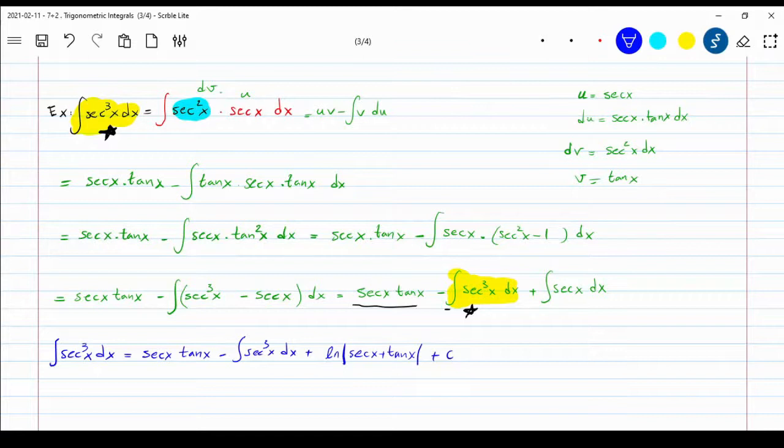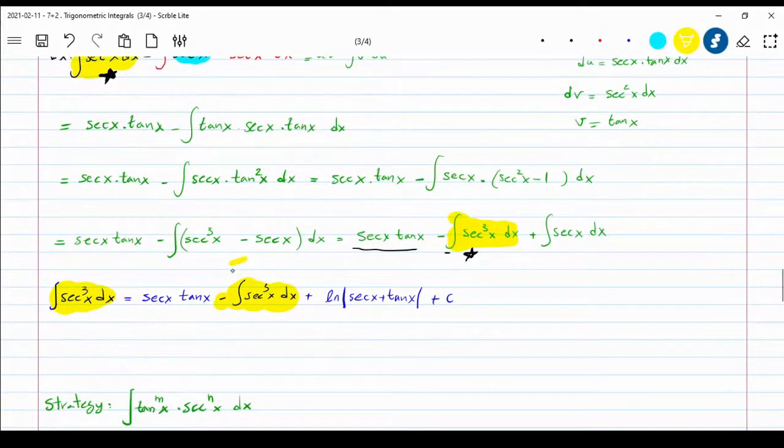You can add this constant later on if you want, but that's okay. So here, how do I get rid of this term? I will add it to both sides. So if I move it to the other side, I get 2 of these integrals. And then to get rid of that 2, I'll divide both sides by 2. So basically you can figure out what the integral of secant cubed x dx is. You'll get 2 of them.